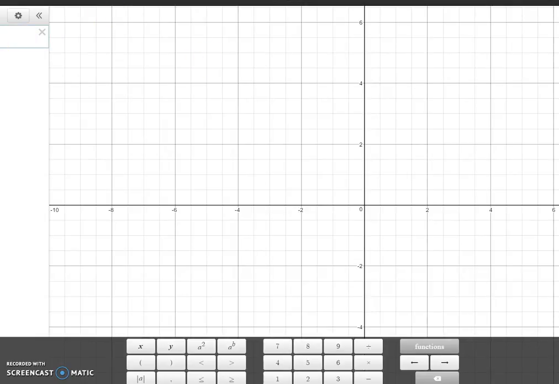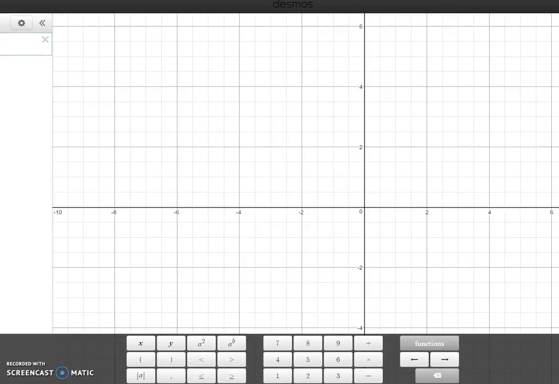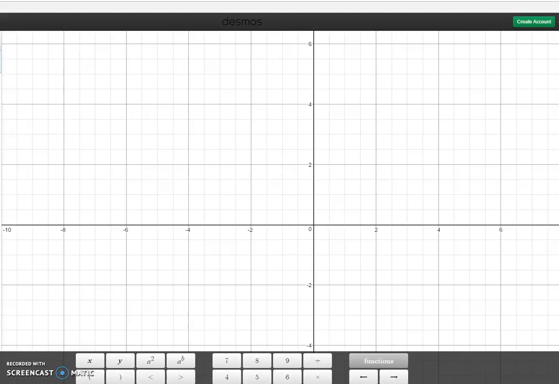So if you had y is equal to cos x, let me make this a little smaller so that you can see it.